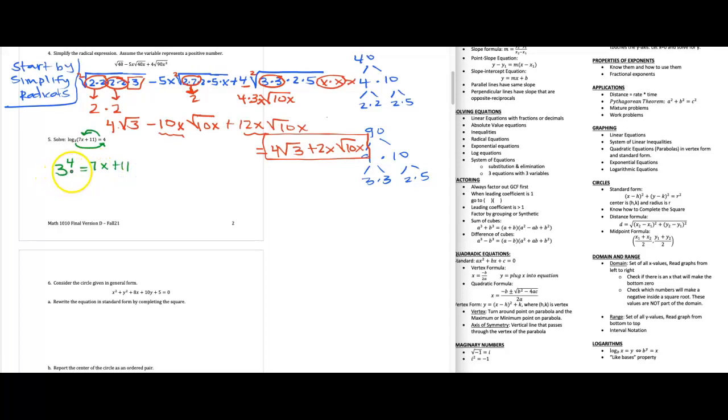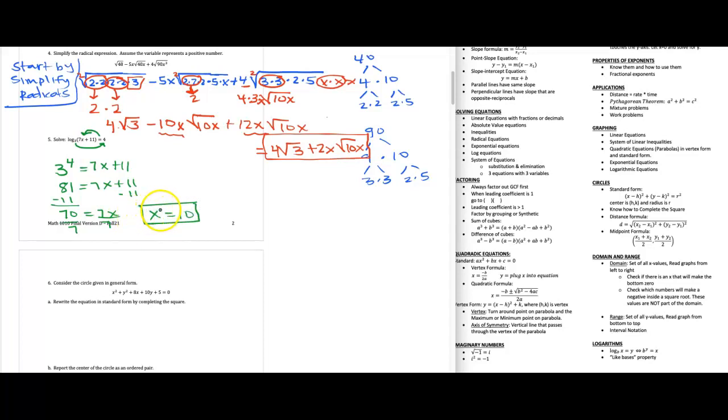Well, 3 to the 4th power, right, is 3 times 3 times 3 times 3, which is 81. And then we're just going to solve it, just like we've done a lot of times before. Subtract that 11 over first, and then divide by 7. So x equals 10 on that one.